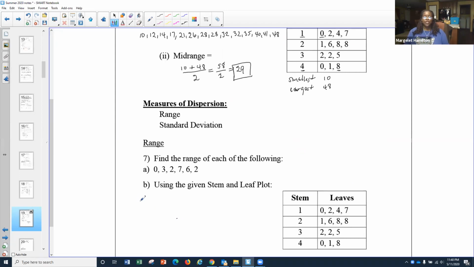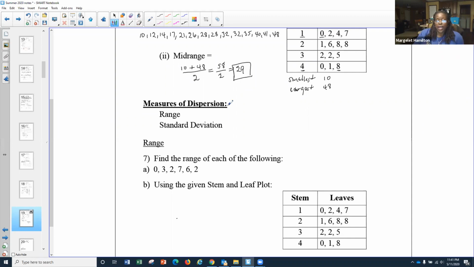We're looking at measures of dispersion. So in our previous video, we looked at measures of central tendency with our mean, median, mode, and mid-range. We're now looking at range and standard deviation. The measures of dispersion is just like what it says. It's dispersing out our data now.